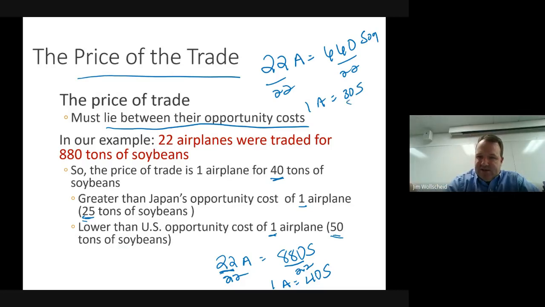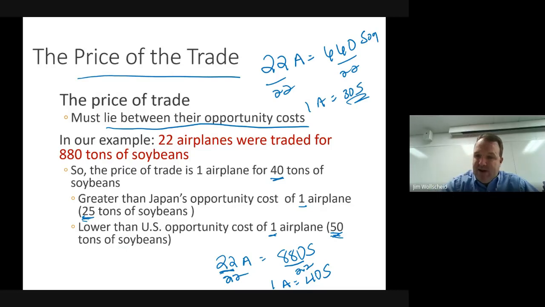Why? Because this 30 falls between 25 and 50. So as long as the trade falls between the opportunity costs, both sides will benefit.